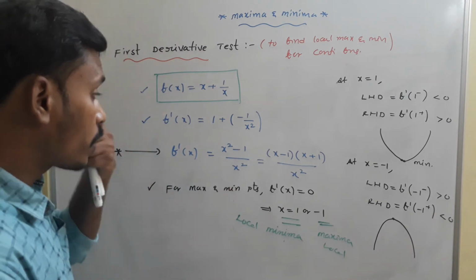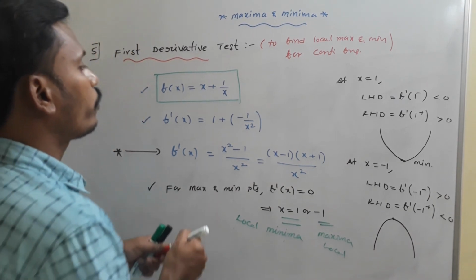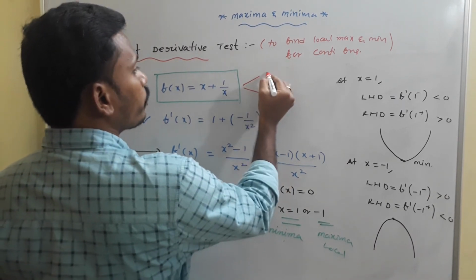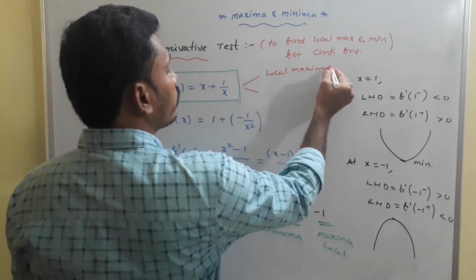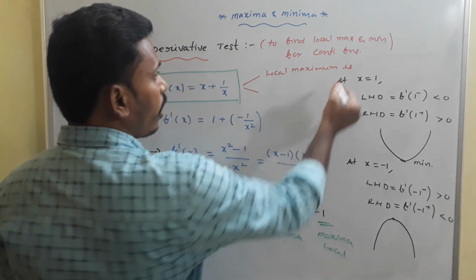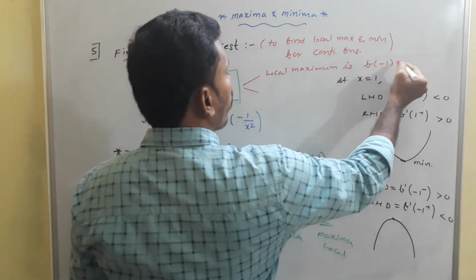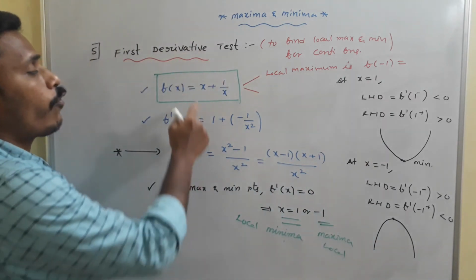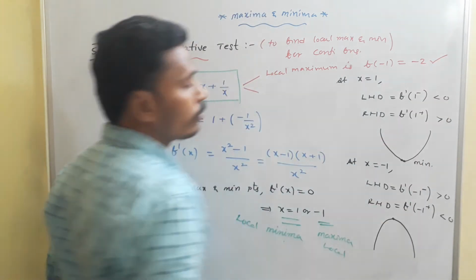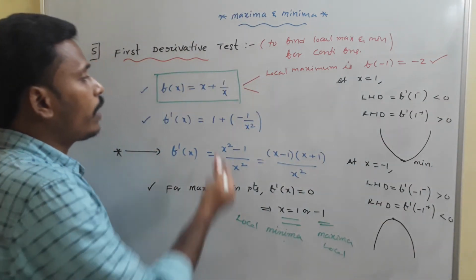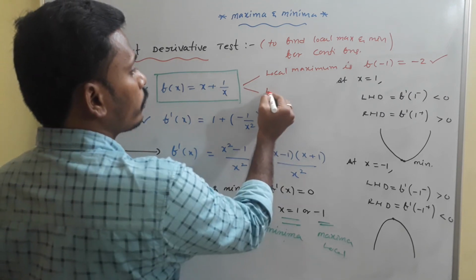If the question asks you to find the local maximum value and local minimum value, maxima occurs at minus 1, right? So local maximum is f of minus 1, and if you calculate f of minus 1, you will get minus 2. That is the local maximum value. In the same way, if you calculate the minimum, you will get the local minimum as 2.